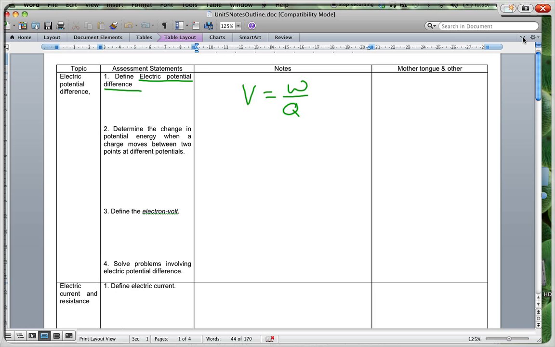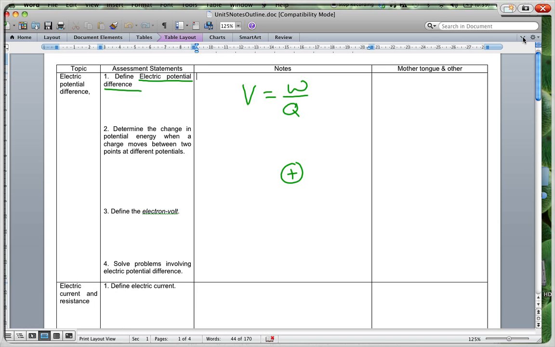So it's looking at the amount of energy per unit charge between two different places. So if I have, for instance, a positive charge here, and I have to move it from one place to another, I either gain electric potential energy or I change it into some other forms of energy.